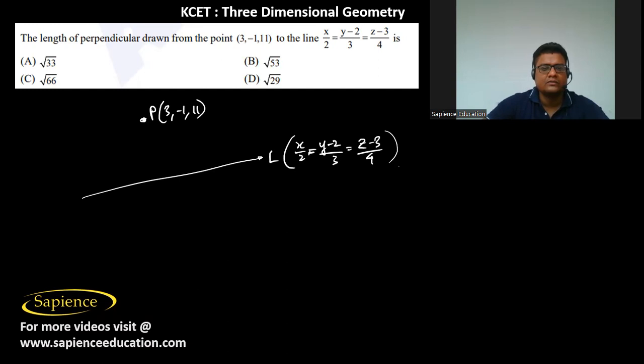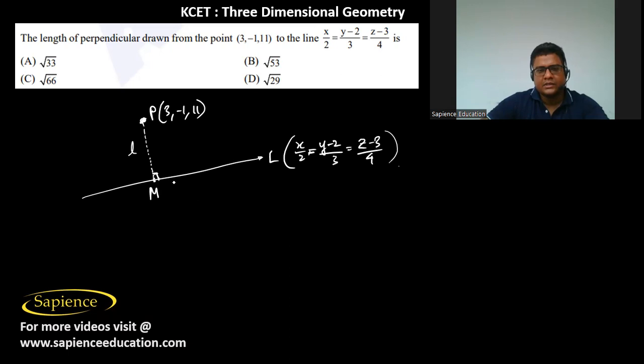So we have to find the length of this perpendicular drawn from this point to this line L. So first we can find out the foot of the perpendicular.